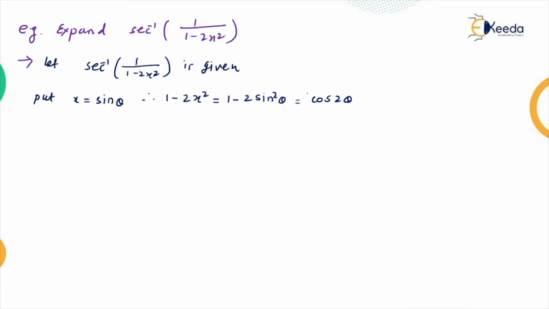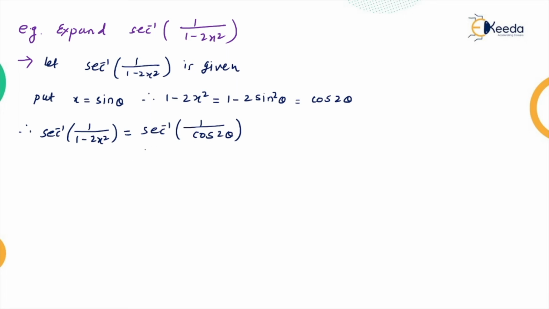So sec inverse of 1 upon 1 minus 2x square can be written as sec inverse of 1 upon, for the denominator 1 minus 2x square, which is nothing but cos of 2 theta.